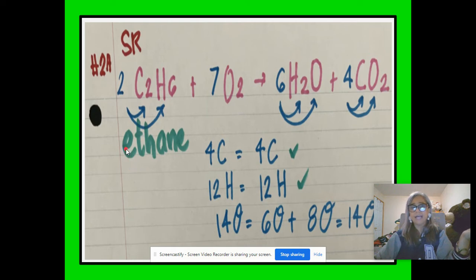And we said that with this one, what kind of chemical reaction? It's a reaction with oxygen to give you H2O and CO2. So this is combustion, right?